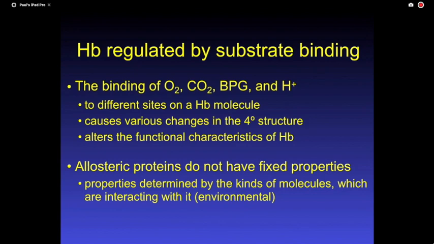And so if it goes in the bloodstream from different environments, the entire protein changes its affinity every time it hits a different environment. And so it is an allosteric protein, which means it does not have a fixed property. The property of that particular molecule changes depending upon the environmental conditions in which it is found.